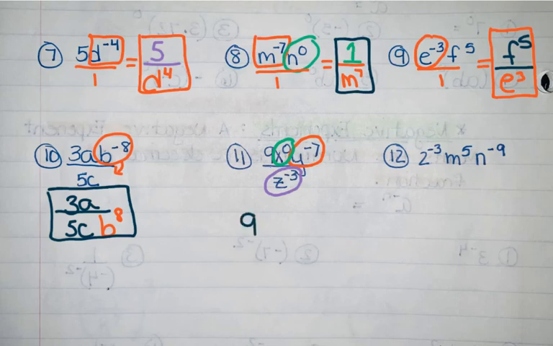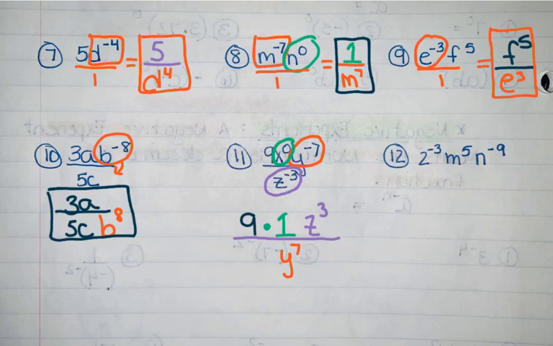And then I see that's going to be multiplied by 1. I recognize that z to the negative 3 needs to move to the numerator to become positive. And then y to the negative 7 needs to move to the denominator to become positive.